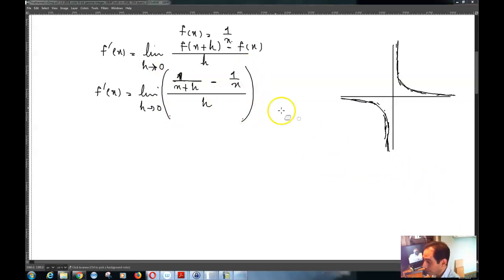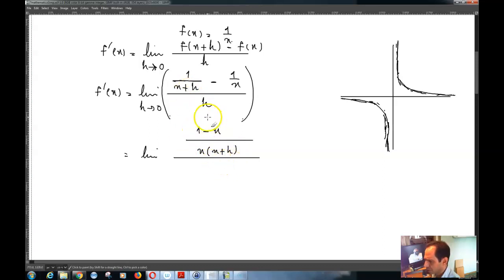And the way that you can solve this problem is probably you can write this as, I think, the limit of x times x plus h in the denominator, and you get 1 minus x over h, as h tends to 0.